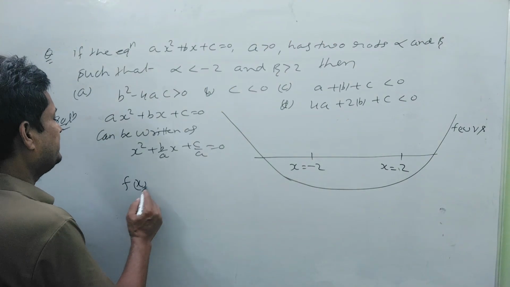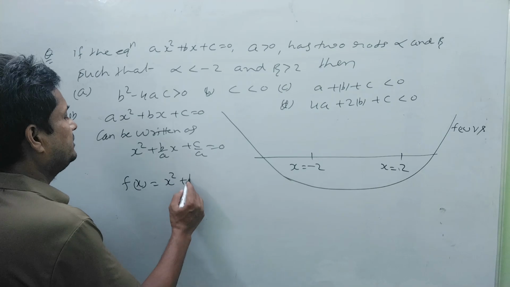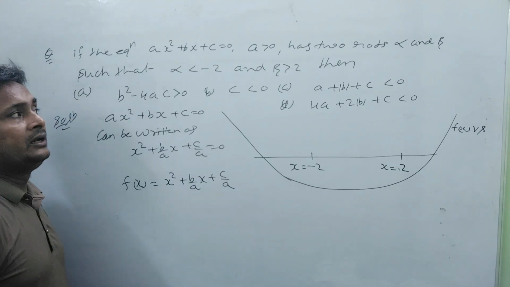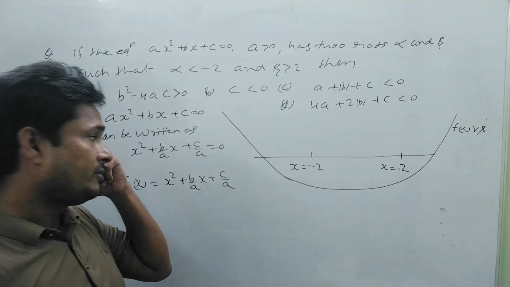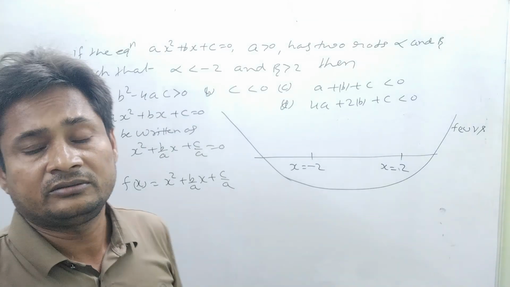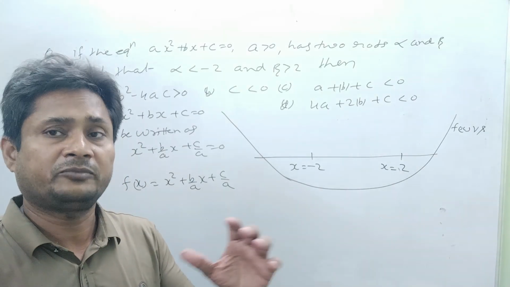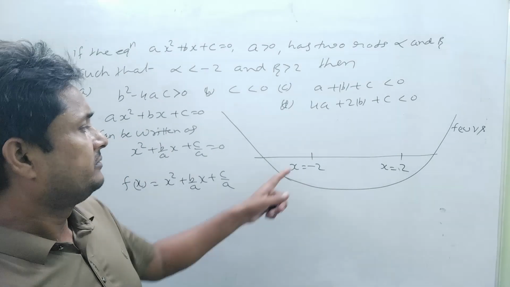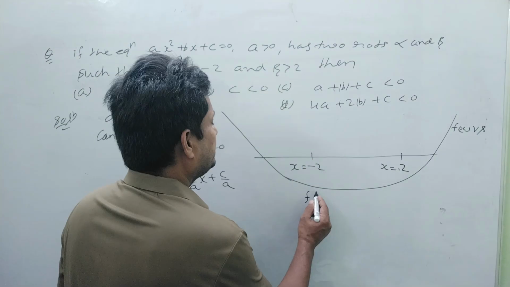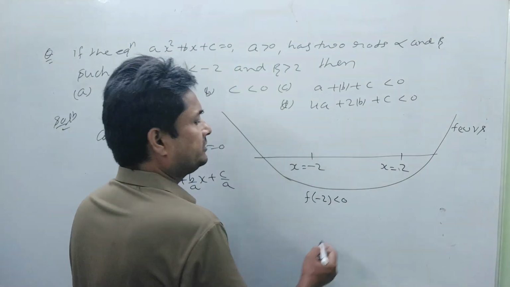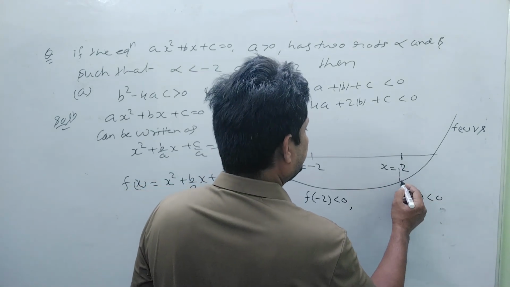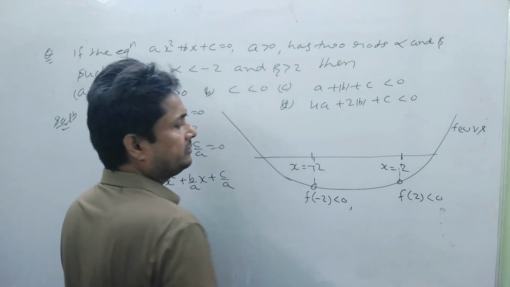So we can take f(x) is equal to x square plus b by a x plus c by a. Now see here, the coefficient of x square is positive. That means it will always represent an upward parabola. So f of minus 2 must be less than 0, and f of 2 will also be less than 0, because both are giving negative values.